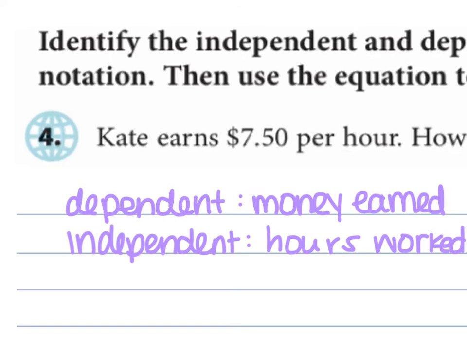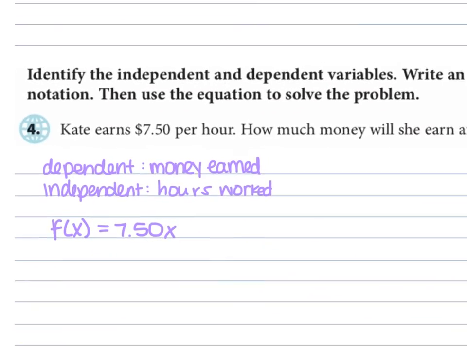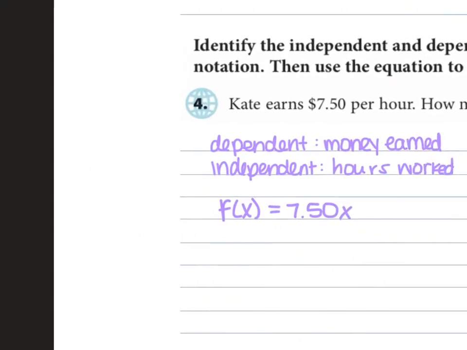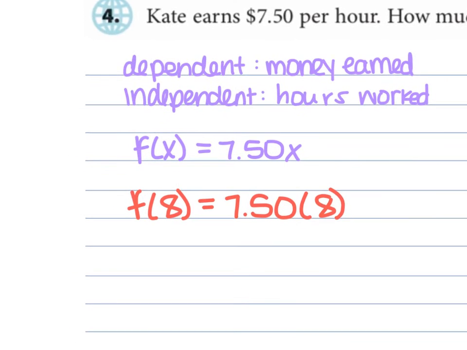So she makes $7.50 per hour, so that would be f of x is equal to 7.50 times x. And then we want to know how much money she earns after working 8 hours. So if x is 8, f of 8 is 7.50 times 8, which is going to give us 60, so f of 8 is $60.